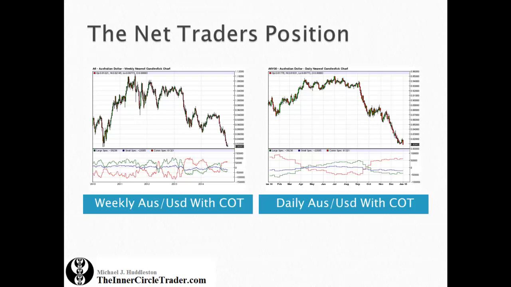For instance, the Aussie versus the USD: using the futures commitment of traders report and the graph at the bottom on the left, you can arrive at a discernment of whether commercials are fundamentally bullish or bearish on that particular market. And on the right hand side we have a daily Australian cash price with the COT plotted as well. We would use the same analysis concepts with the Aussie USD.